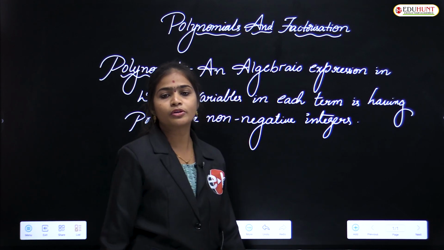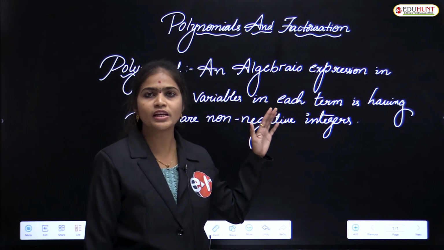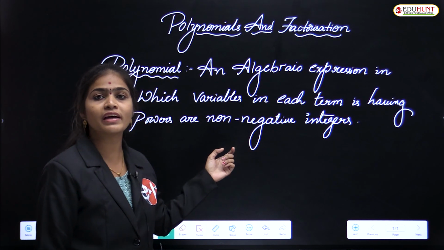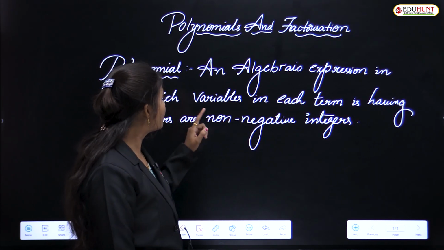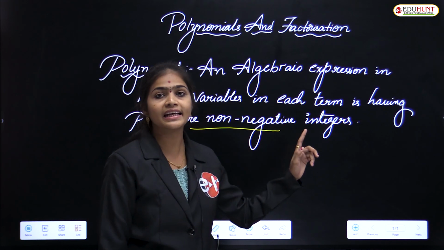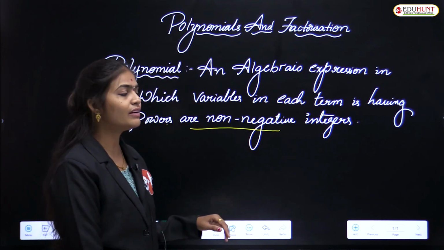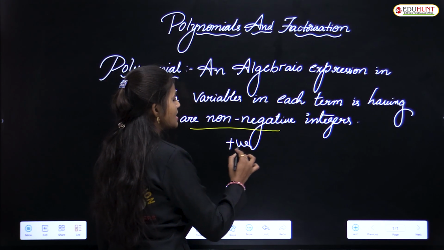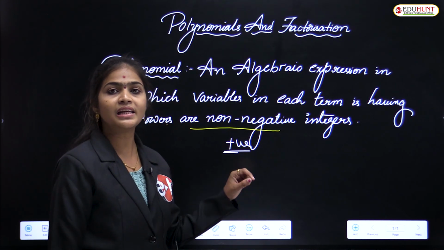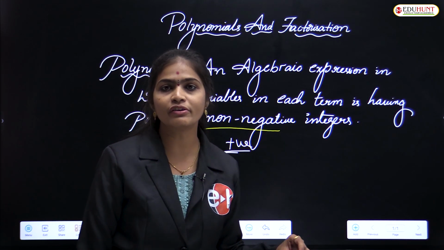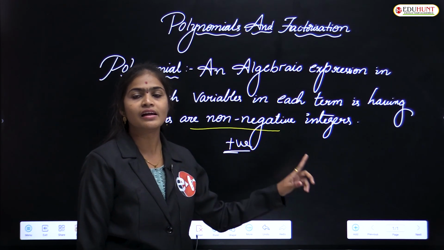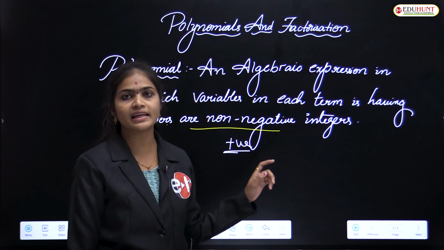What does this mean? An algebraic expression in which each variable's power is a non-negative integer. Non-negative integers means positive integers only, no? So they are saying that the power of the variable in each term should be a non-negative integer, which means a positive integer.